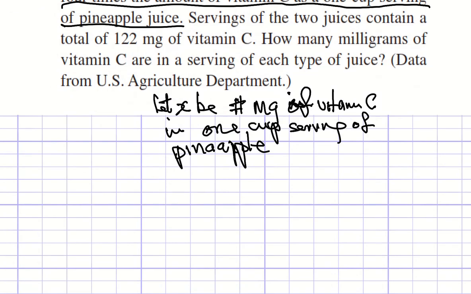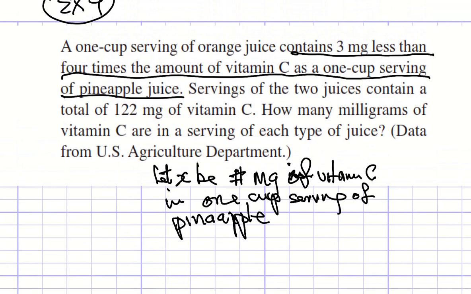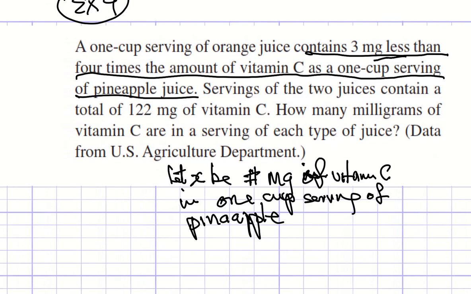If that's the case, based on what they said here, orange juice contains 3 mg less than 4 times the amount of vitamin C as a 1 cup serving of pineapple.